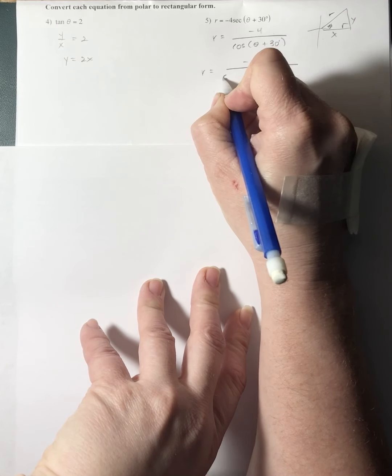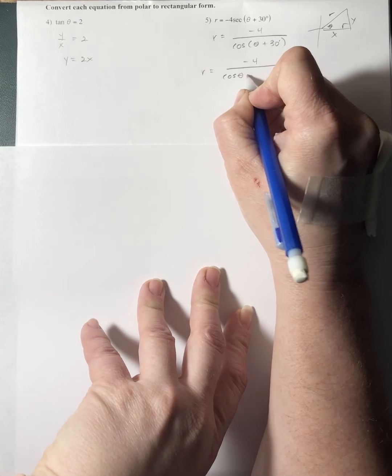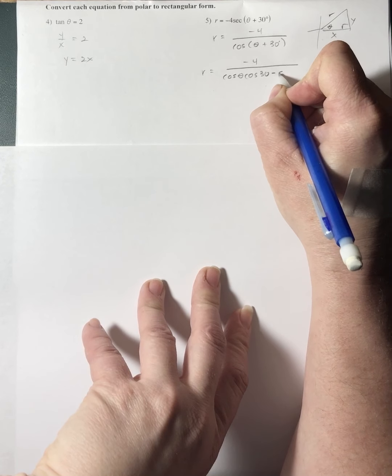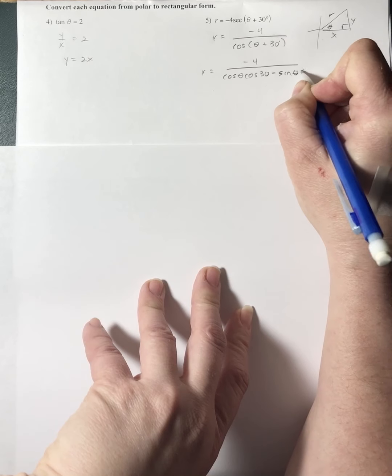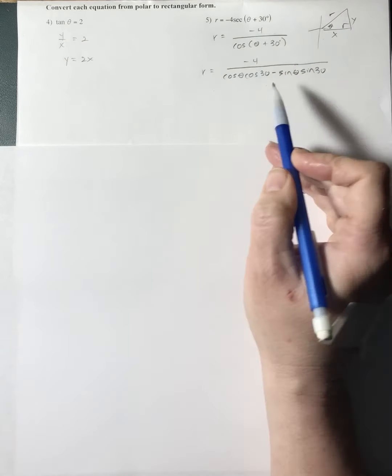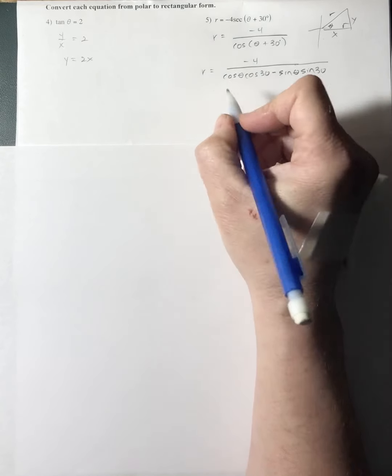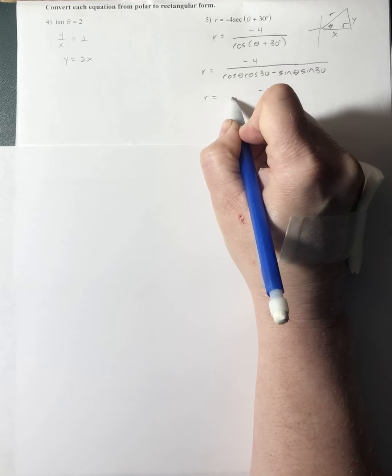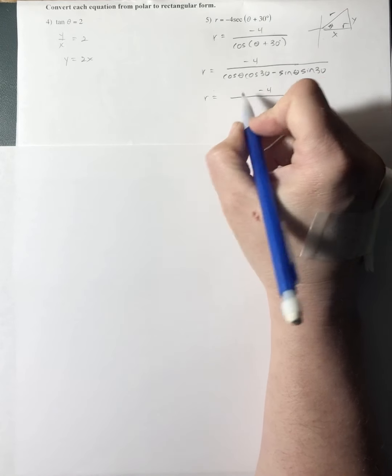So I have cosine, cosine, sine, sine, sine. Some of these are going to get rugged with the fractions and things like that. I have r equals -4 over cosine of 30.